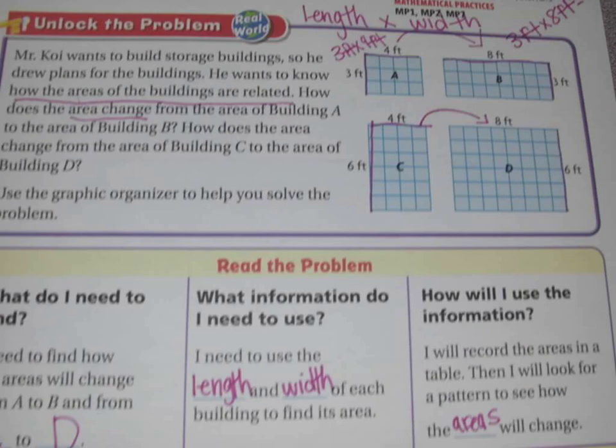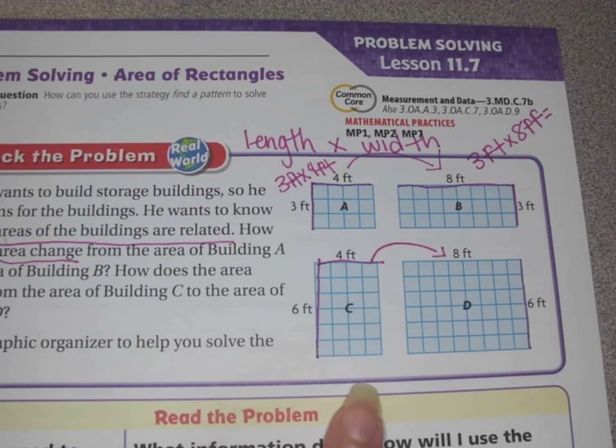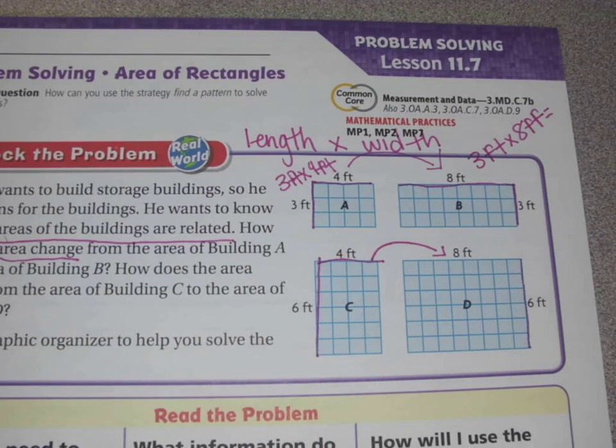Now, again, boys and girls, you can use your multiplication, multiply the length times the width to figure out the area. You can also go back and count all of your square units inside the figure to double check your area and your multiplication too.